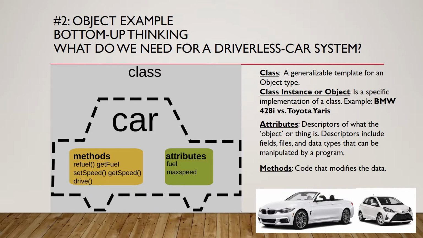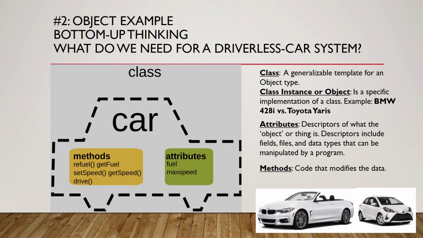Now the methods are the executable items that can happen against the fuel or against the max speed or against the attributes. For example, we have a method of refuel. We know that refuel can only perhaps fuel up to the maximum that that car can hold.